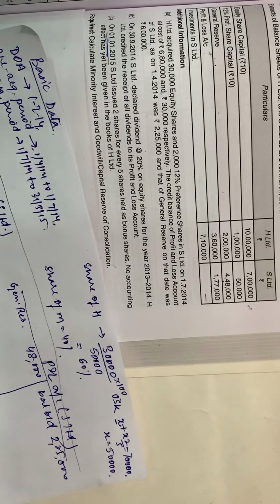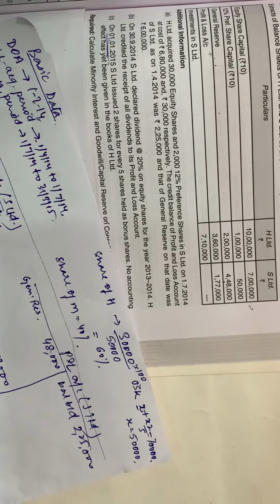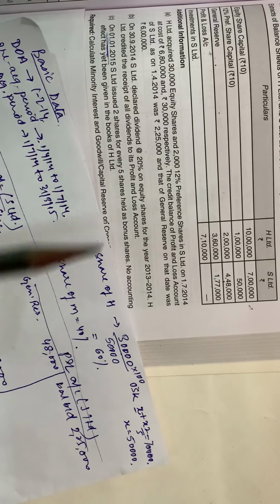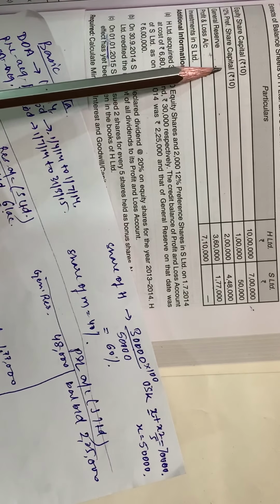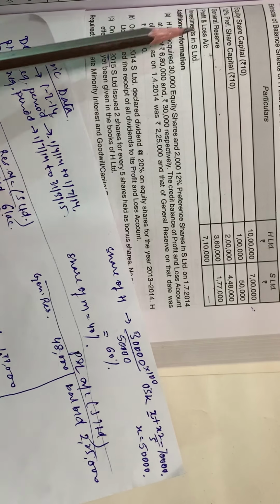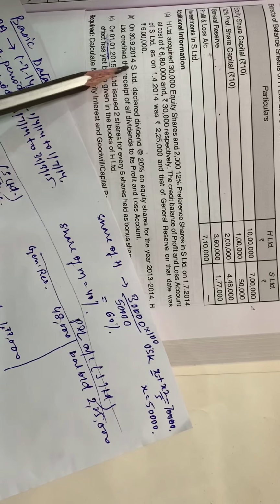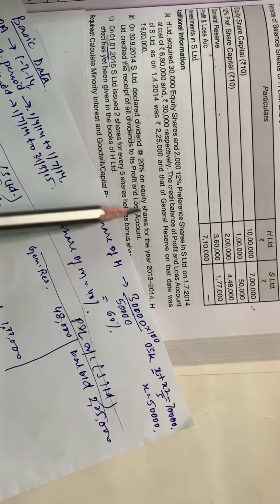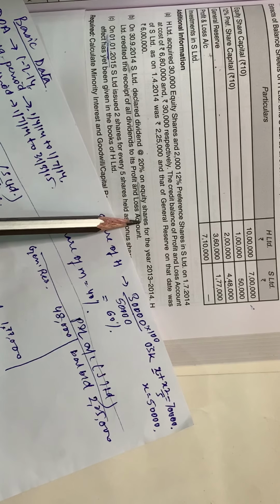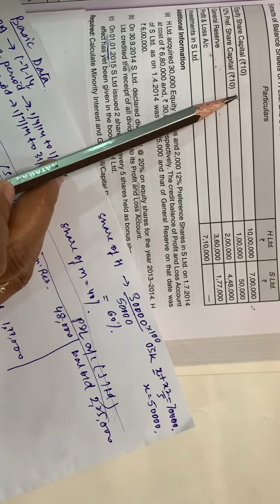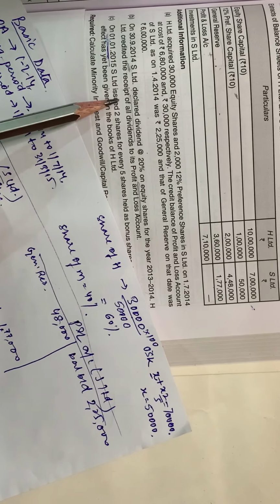The second hidden thing over here, not really hidden but obvious, is that you are involved with preference share capital over here, and the preference share dividend is 12%. Since over here you are declaring, that is S Limited is declaring dividend for the equity shares, it is but obvious that the preference dividend must have been paid, and there is no information about the preference dividend being paid.